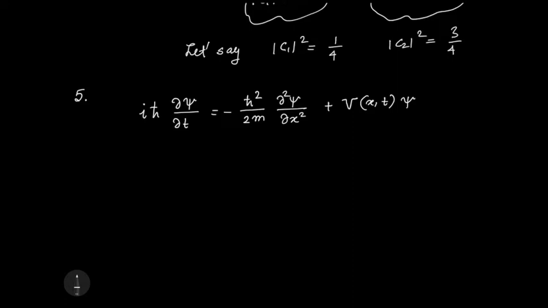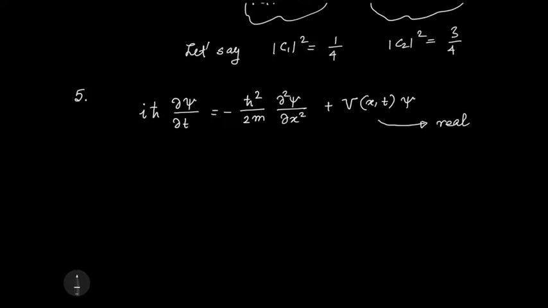Now, in this expression, remember psi is also a complex number, right? Psi has to be a complex function. The potential, which is the physical potential, is real, because classically we deal with all real quantities.